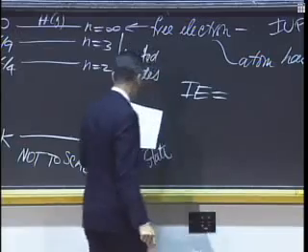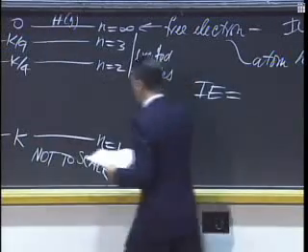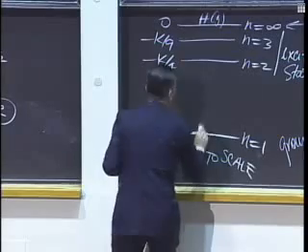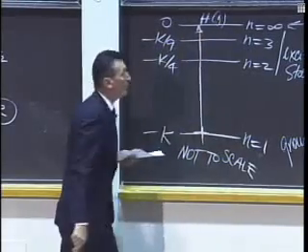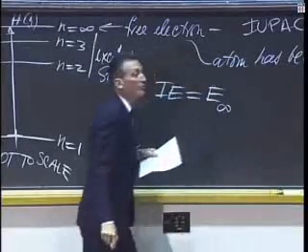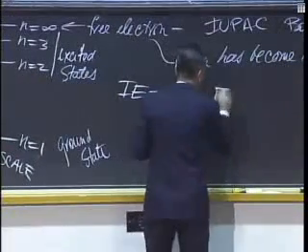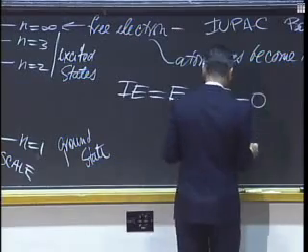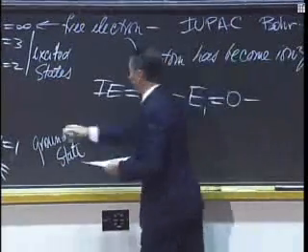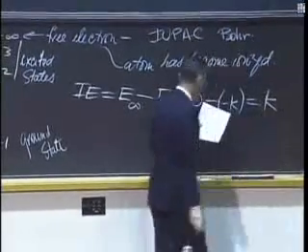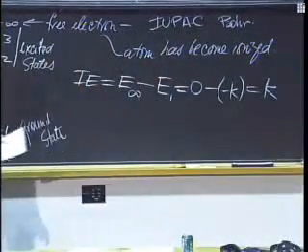The ionization energy must then be nothing more than the energy to go from the ground state to n equals infinity. So that would be the energy at state infinity minus the energy of the ground state. Well, the energy at infinity is 0, and the energy in the ground state is minus k. So minus k is plus k. So k, in fact, is the ionization energy.